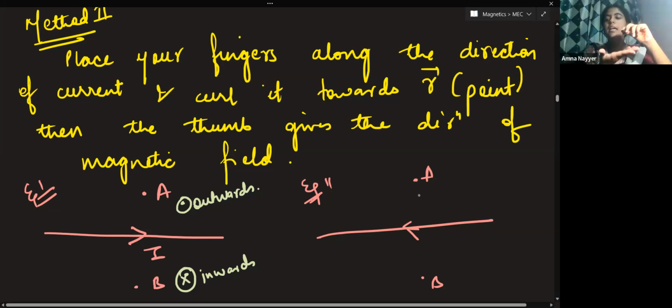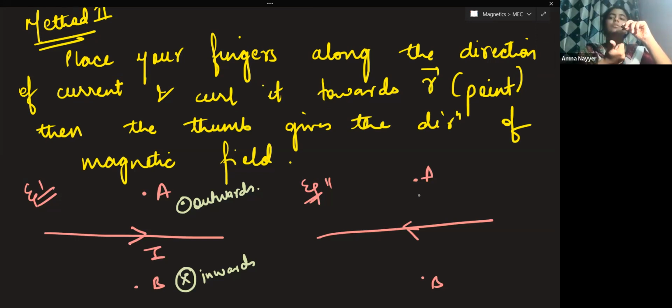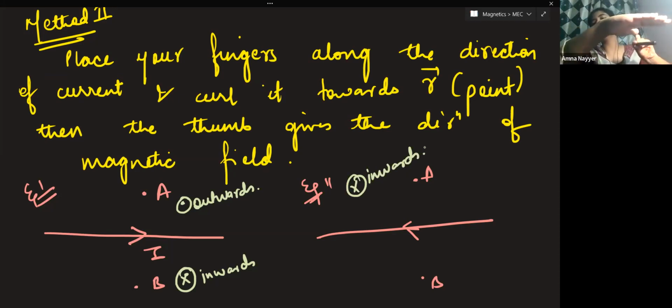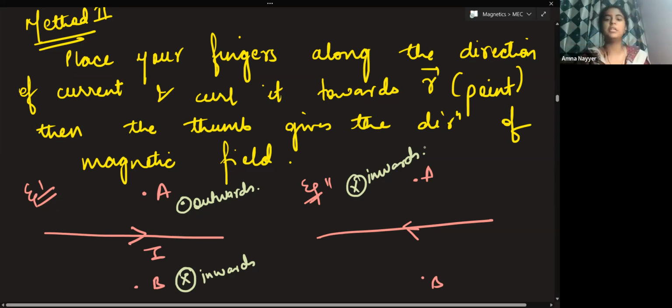Now if I keep it like this and curl it, this will lead me towards you, on the screen. It means inside the page. The B point is below it, here. Now, if I curl my fingers towards the B point, my thumb is pointing towards me. Me means outwards. So this gives the direction outwards.